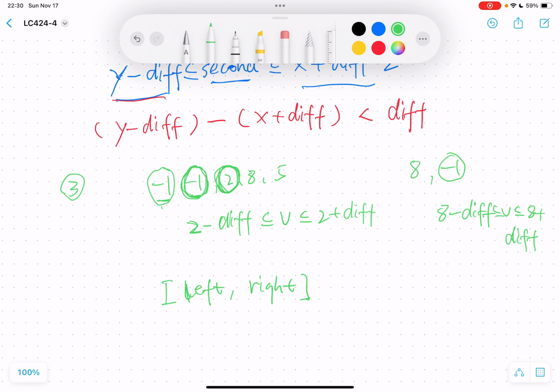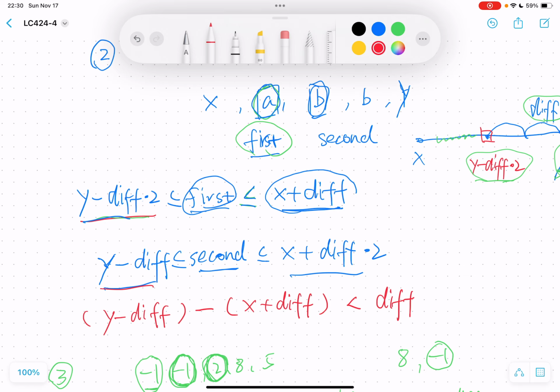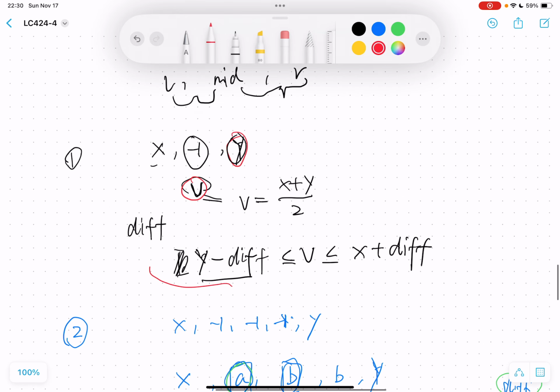For the third situation, we can get a suitable left and right, which is a suitable range that we want to choose a valid number which can meet the requirements of the current diff value. For the second, we can find out two intervals. For the first, we also can find an interval. This is the interval we need to choose value.